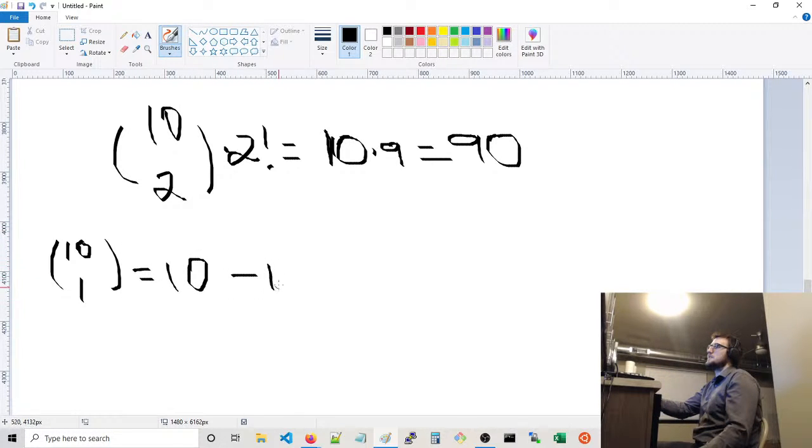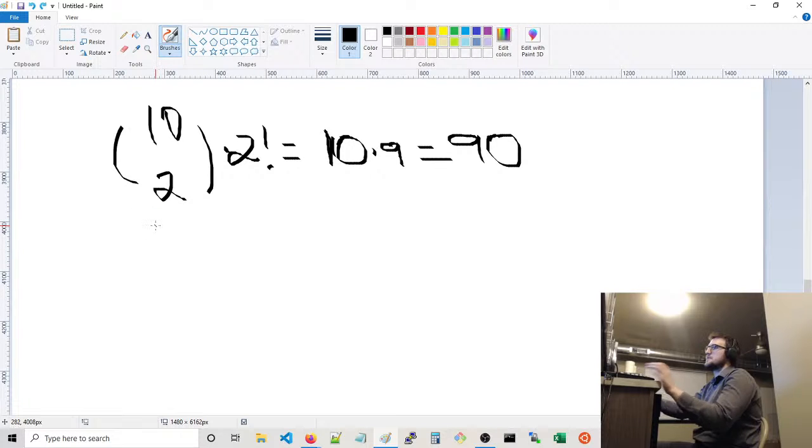We subtract 1 because, actually that's confusing too. They're all confusing. It's not 10 choose 1, it's just 10. 10 choose 1 times 1 factorial is just 10. I'm just thinking the first set, the second set, the third set.